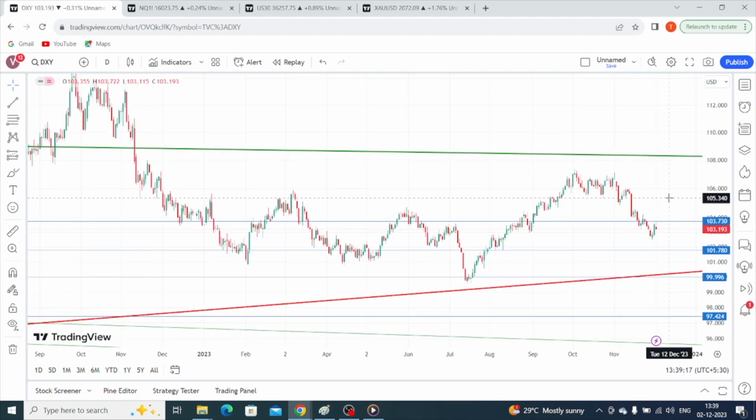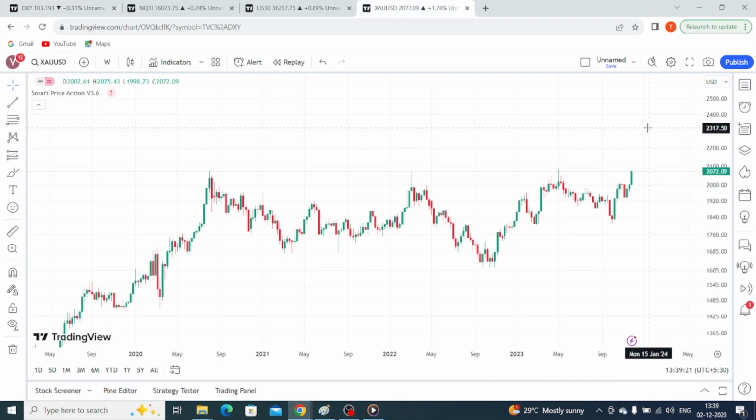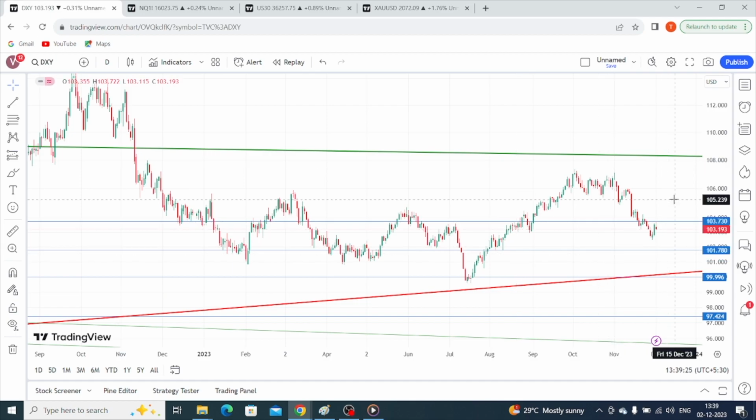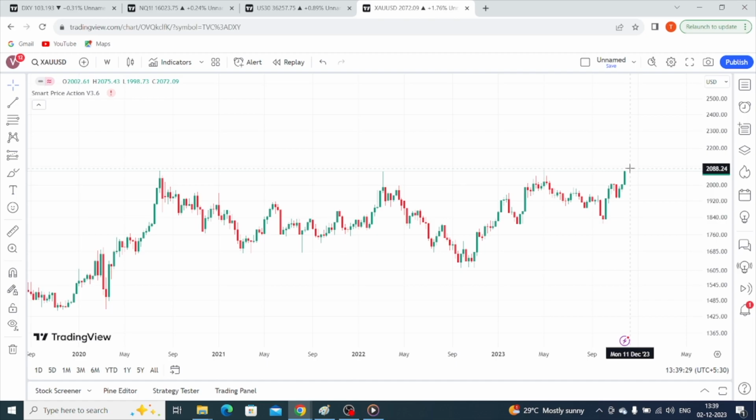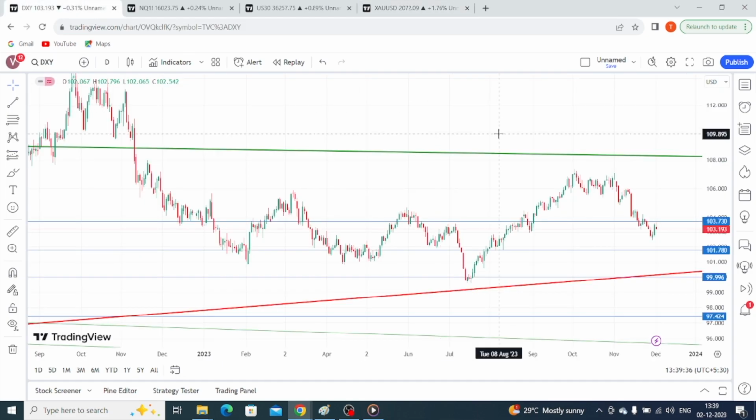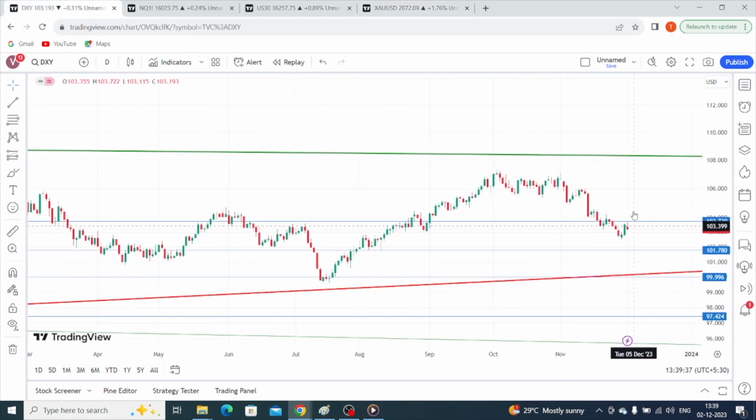If it further comes down, we can expect gold to make an all-time high, and if it rises from here, then we will be able to see a retracement of this particular rally and gold will come down, correct? So all focus should be on the dollar index primarily.